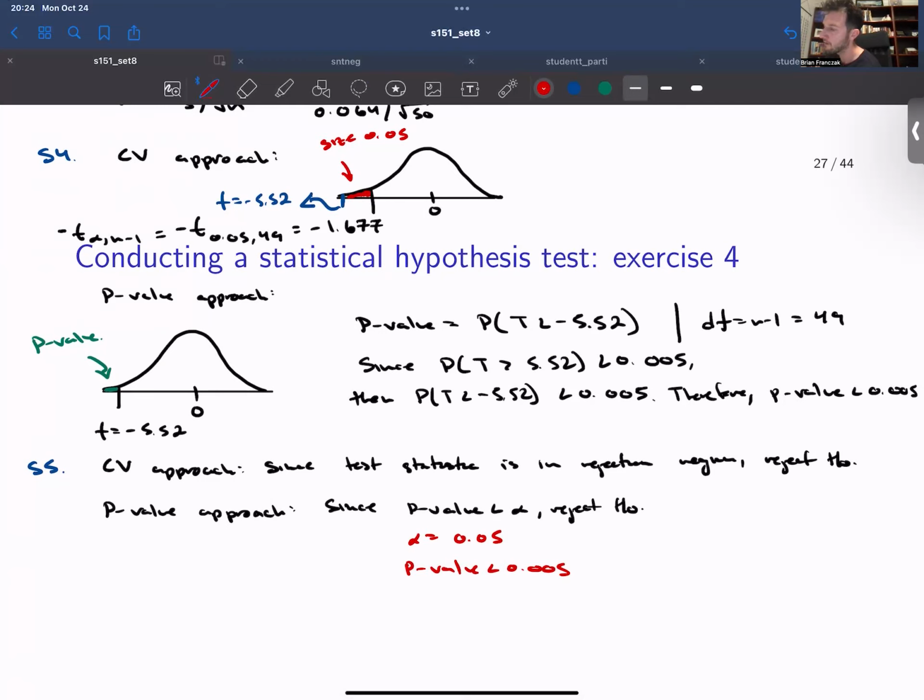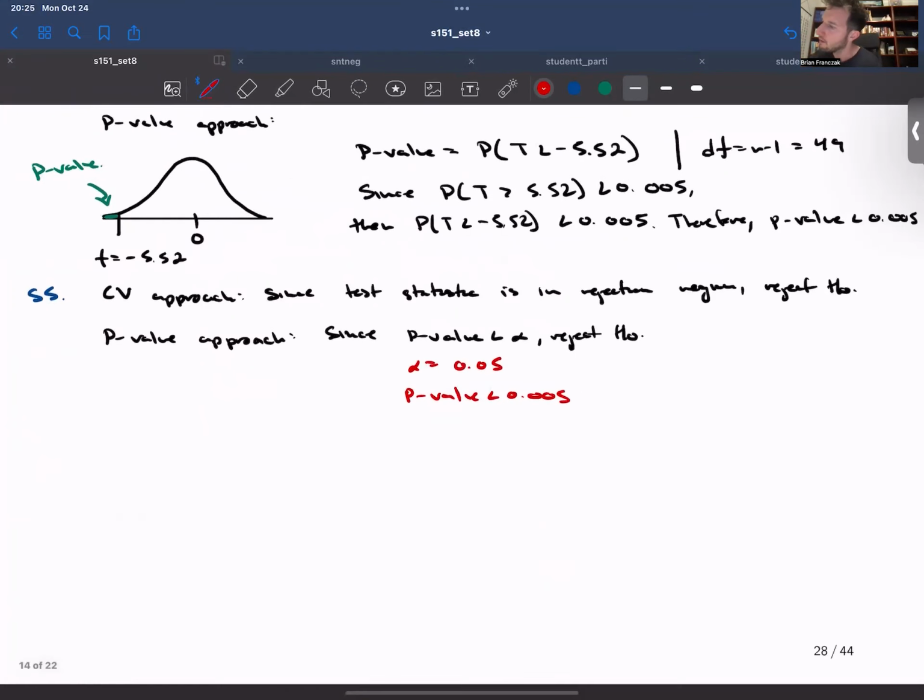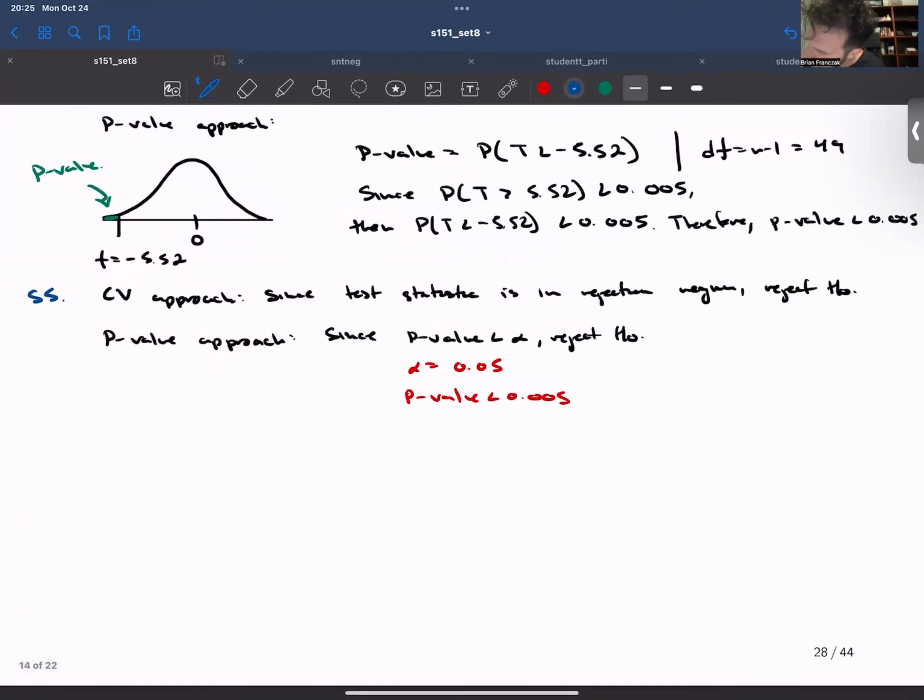So the p-value, because it's smaller than 0.005, is automatically smaller than the significance level alpha of 0.05.